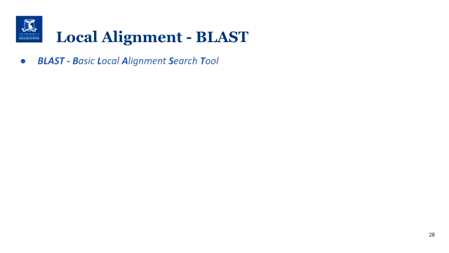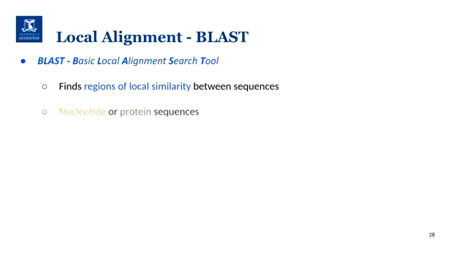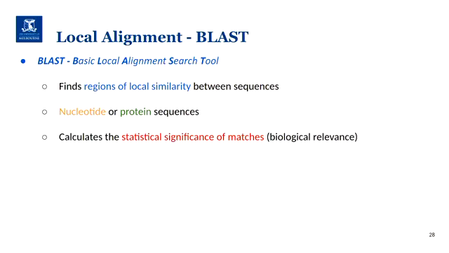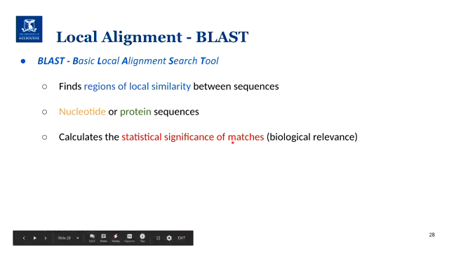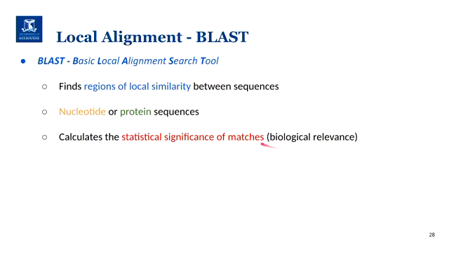BLAST is probably one of the most famous tools in bioinformatics. It's the basic local alignment search tool. What it tries to do, of course, is find regions of local similarity between sequences. It's a very clever heuristic that works not only for proteins, but nucleotides as well. It also calculates something very clever called the statistical significance of the matches, which is really helpful to understand whether what you found was found by chance or whether it has actual biological relevance.